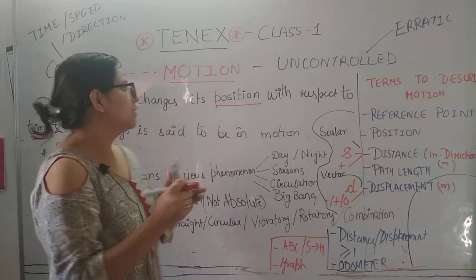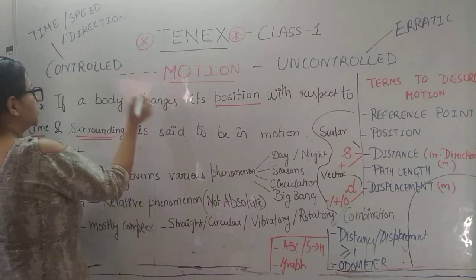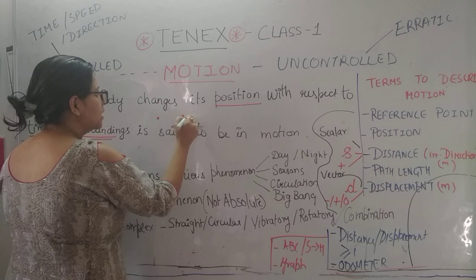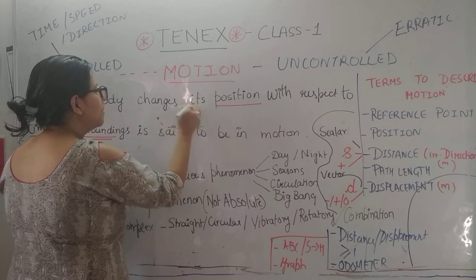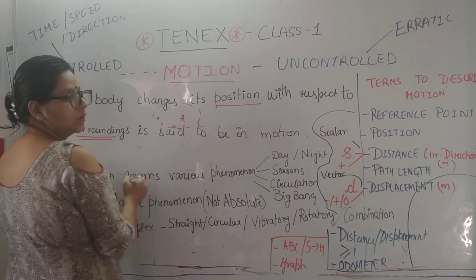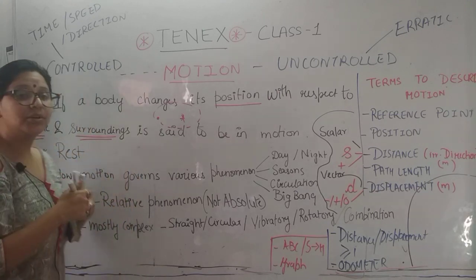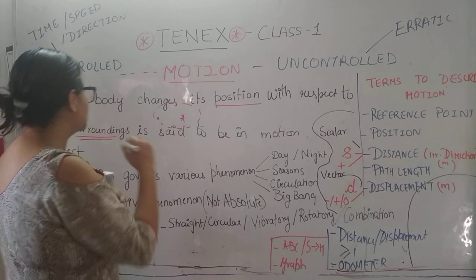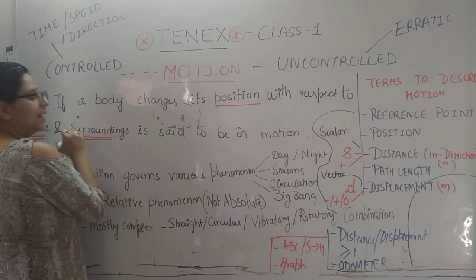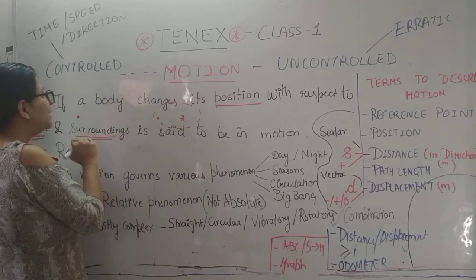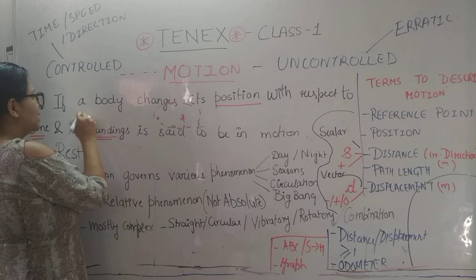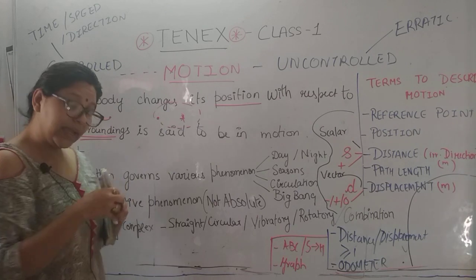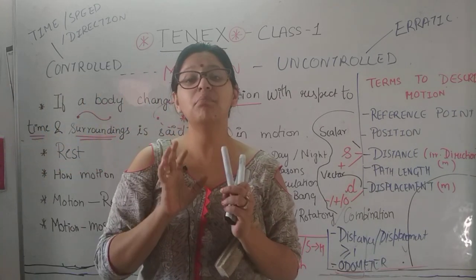So let us say there is a body over here, and if this is changing its position with respect to this person who is standing over here, I am going to say that this is in motion. Also, if I see that there is a body and at time, let's say 12:30 p.m. it is over here, and at 12:50 p.m. it is over here, then again I'm going to say that it's in motion.